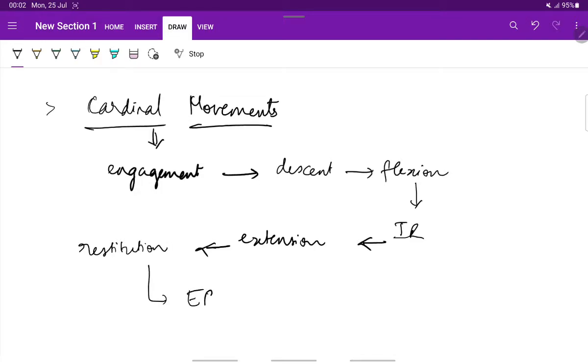After restitution there is external rotation, finally expulsion. These are the cardinal movements of labor and we will see in detail about each one of these movements. All these movements occur simultaneously during the process of labor.